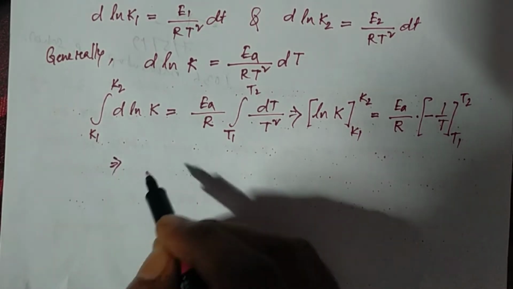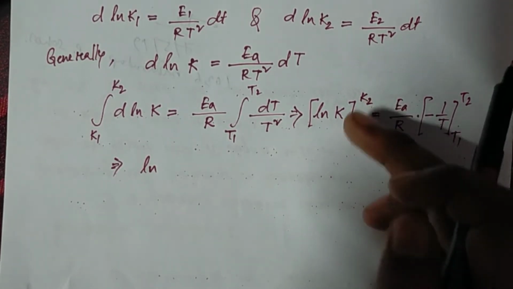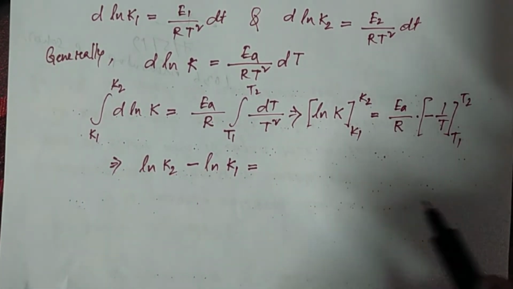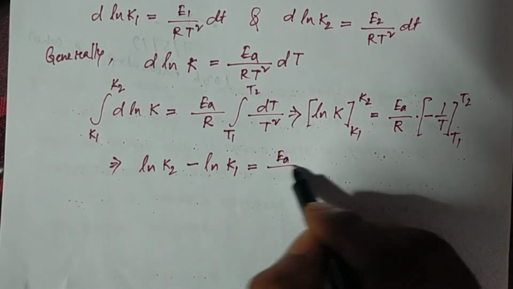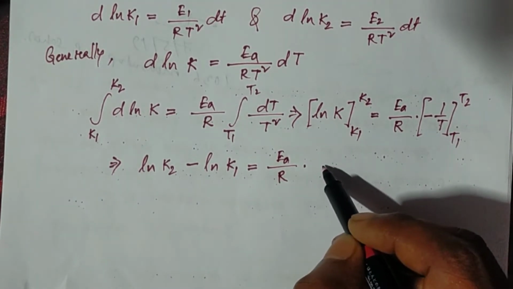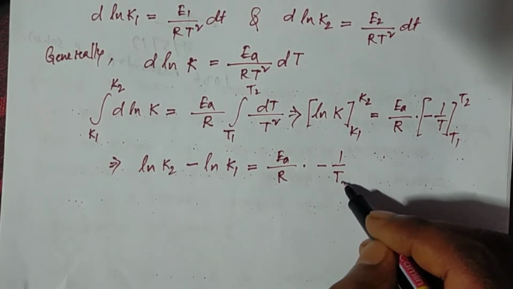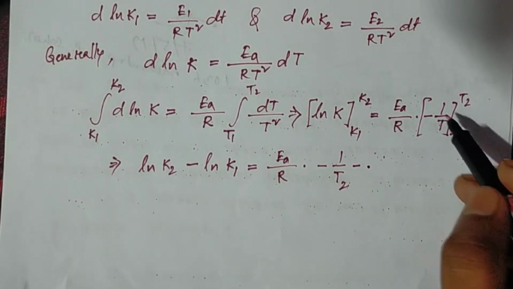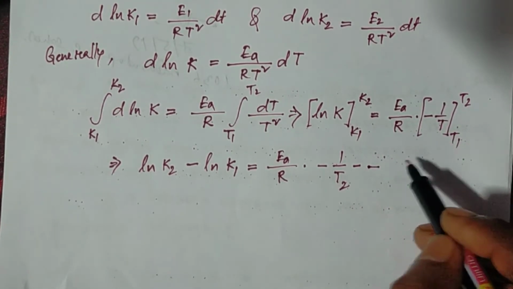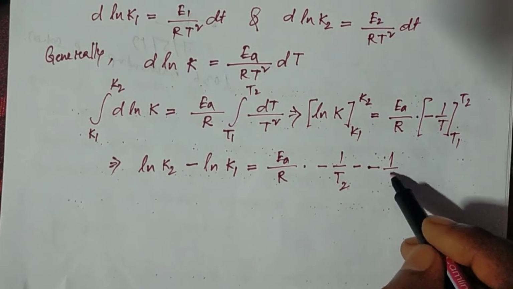As the limits are K1 to K2, we can write ln K2 minus ln K1 is equal to EA by R, and as the limits are T1 to T2, we write minus 1 by T2 and then minus, with the negative sign, minus 1 by T1.